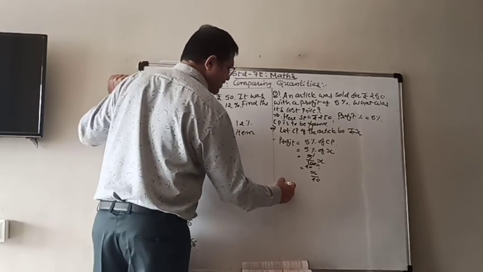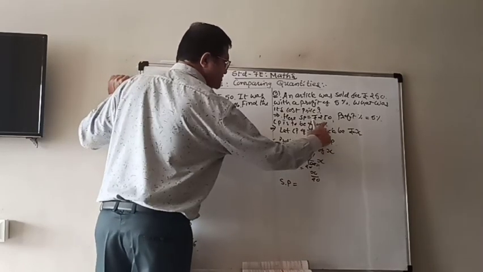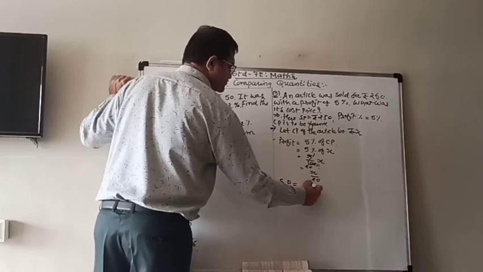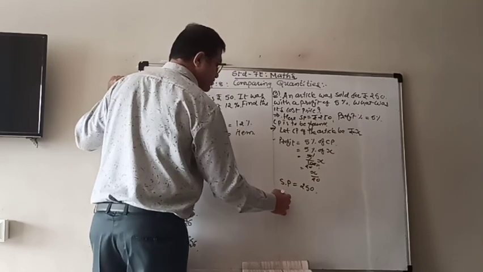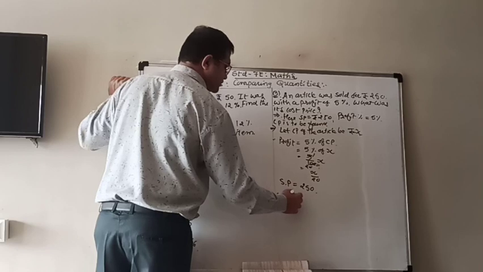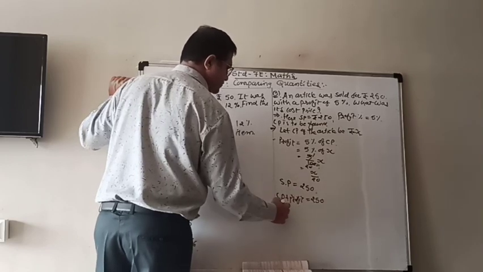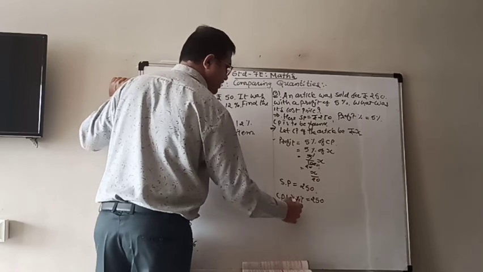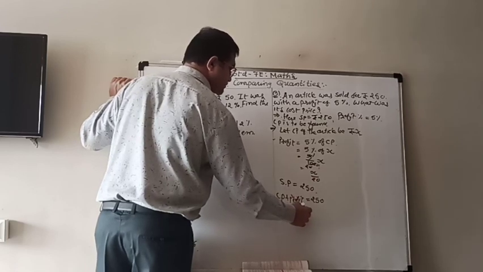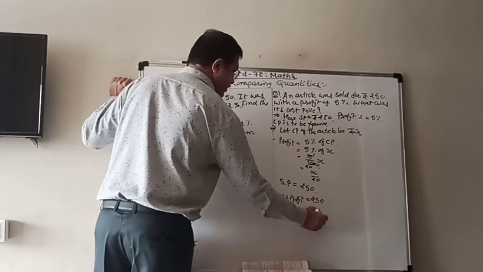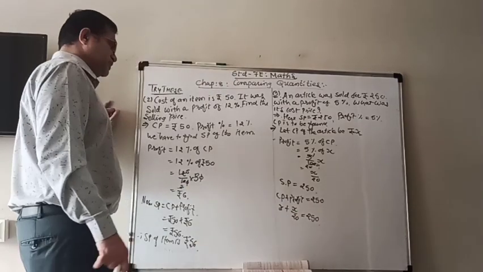Now selling price is given. What is selling price? Rupees 250. Selling price means CP plus profit. What is CP here? X. What is profit here? X upon 20. So now we have to solve this equation.